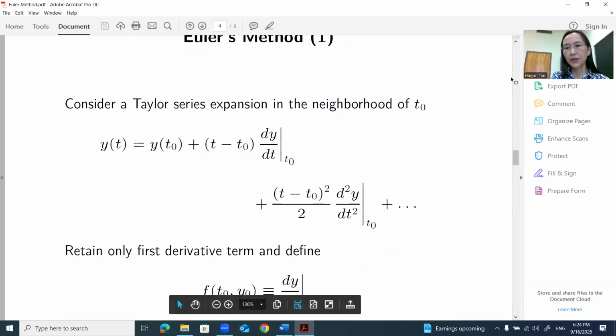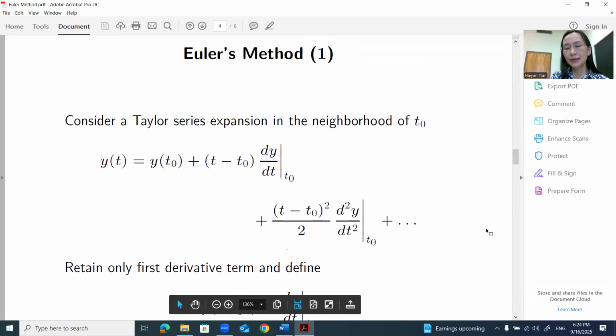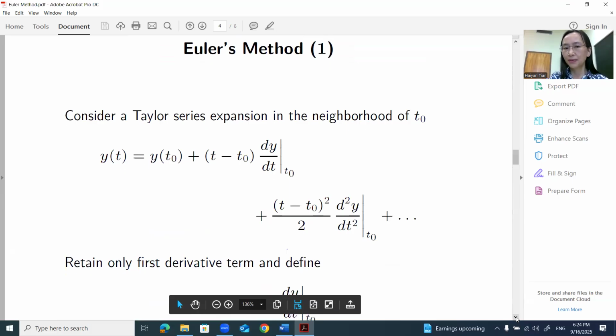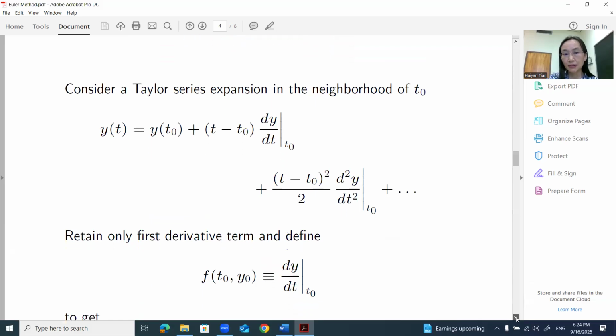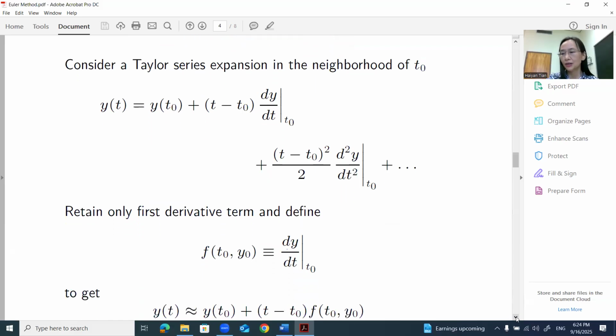Euler's method can be viewed as a Taylor series expansion after we truncate the higher power terms. Let's consider the Taylor series expansion in the neighborhood of t0. This is the solution curve, and we expand the curve at the point t0.